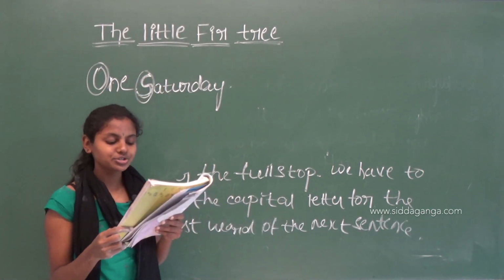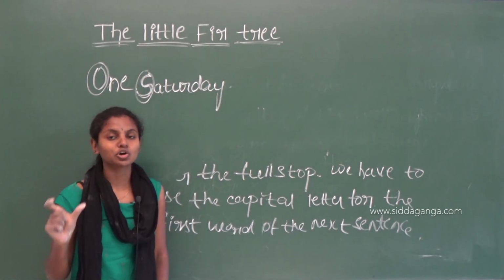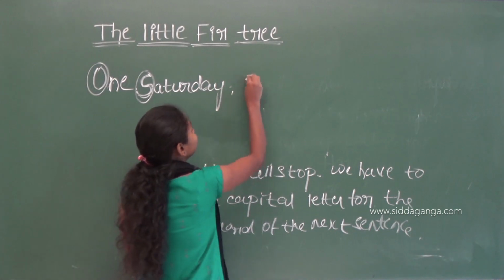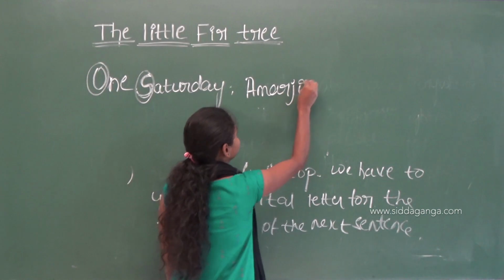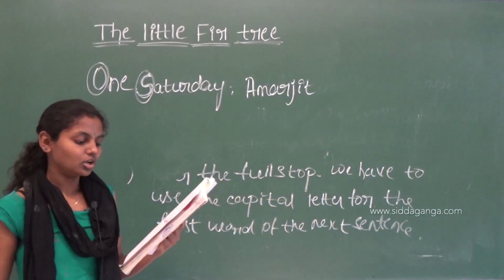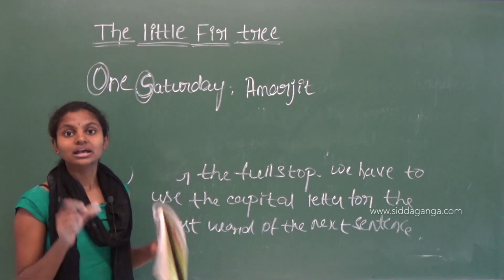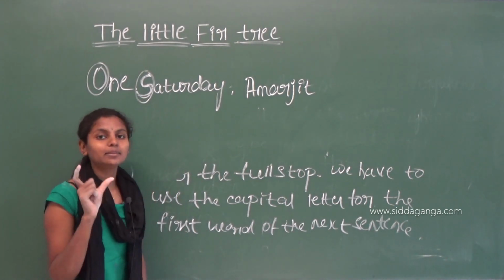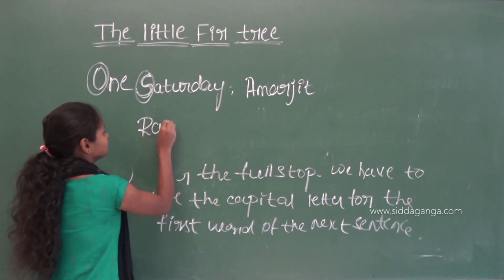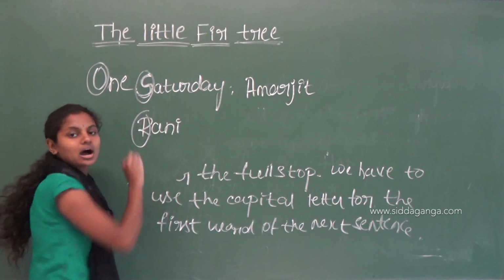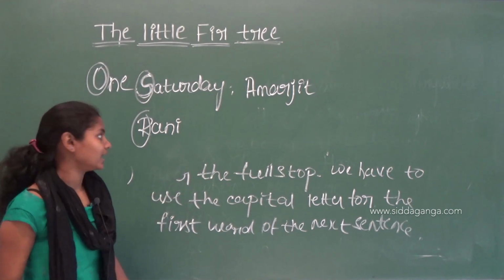Next, afternoon, Amarjit. Amarjit is the name of a person, so you have to use a capital letter, that is Amarjit. Okay, next, and his little sister Rani. Rani is the name of a person, so you have to use a capital letter, that is R. And went for a picnic to India Gate.